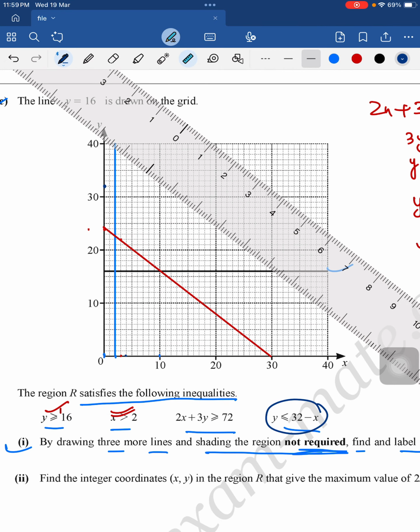This is 4 and this is 28, right? So 4, 28.